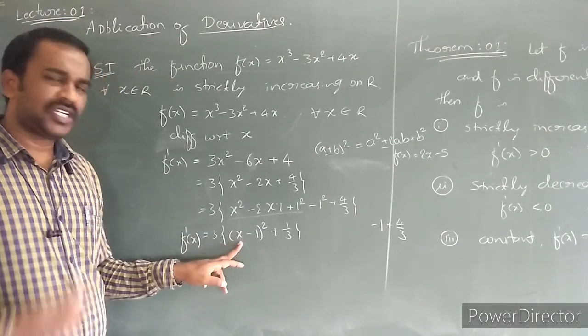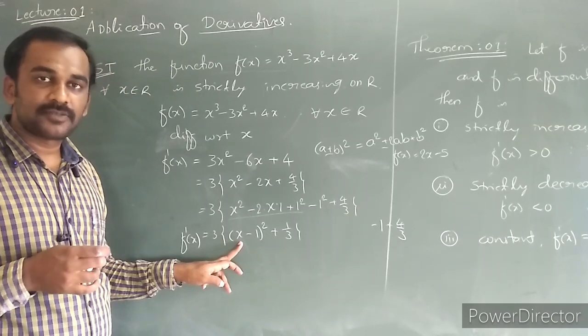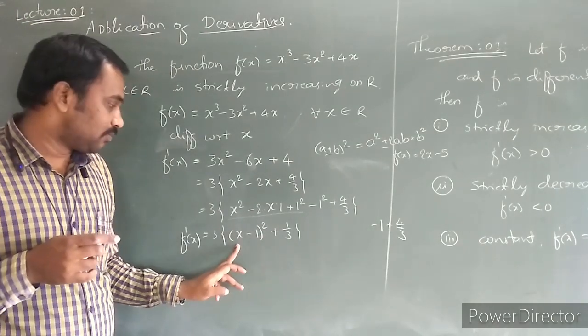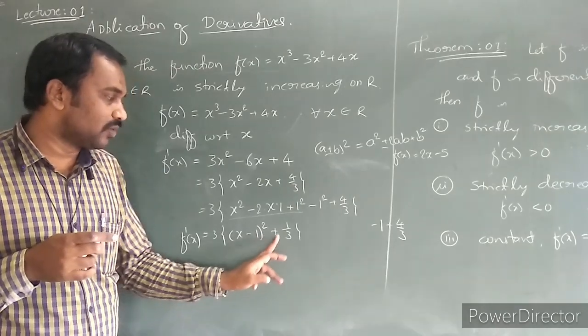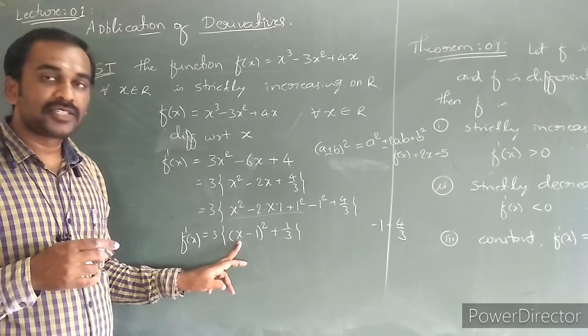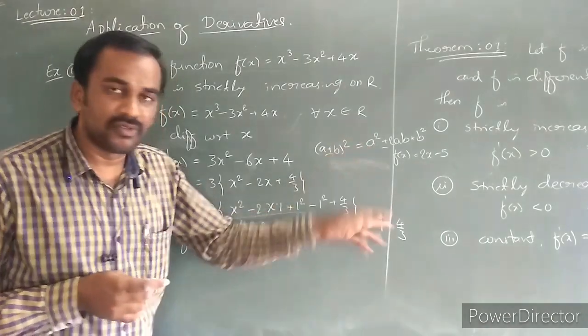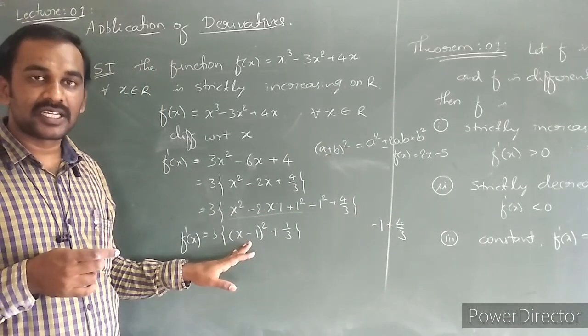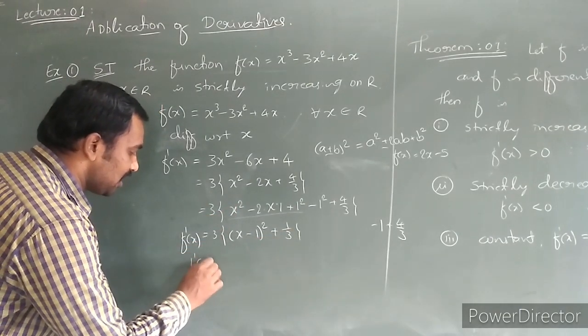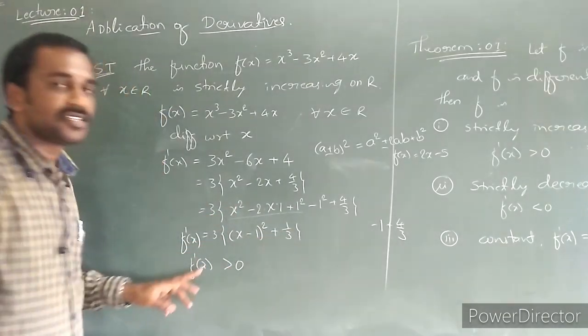Check it, whatever x value you choose. x is 0: minus 1 square is positive, 1 plus 1 by 3 is positive, into 3 positive. If you replace x with minus 1000, in that case also it is positive. So now we can easily say that f dash of x is greater than 0.